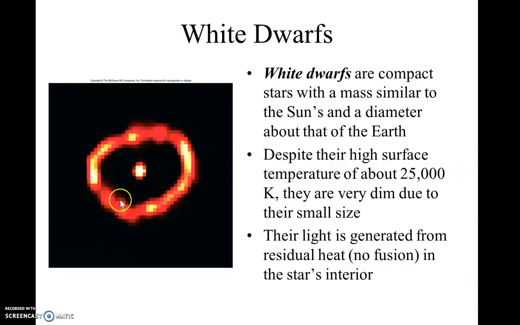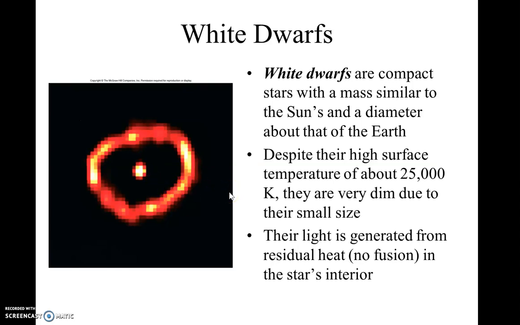All right, so there's an actual picture of a white dwarf. These things were discovered almost at least 200 years ago. I don't know if this is the very first one.